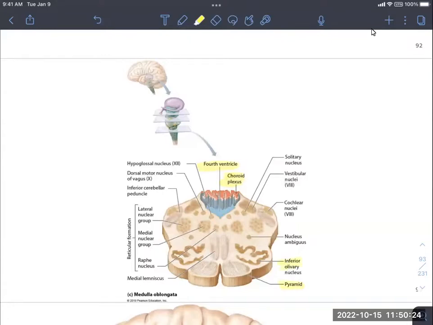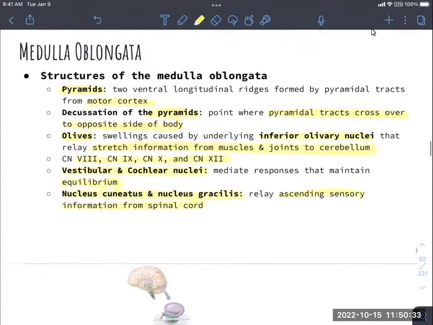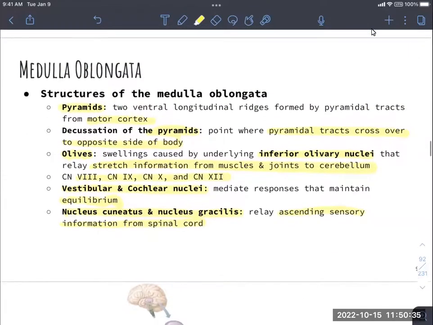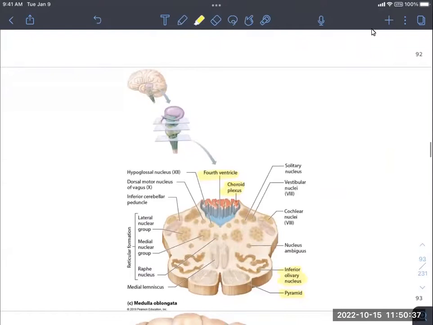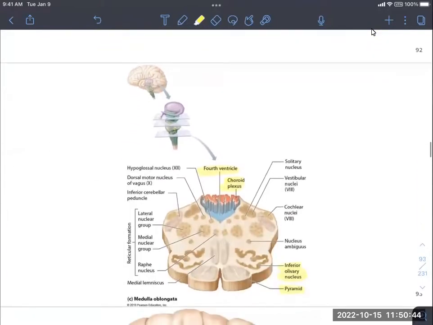We have that olivary nucleus. We have our caudate nucleus and our nucleus gracilis. We have our cochlear nuclei.